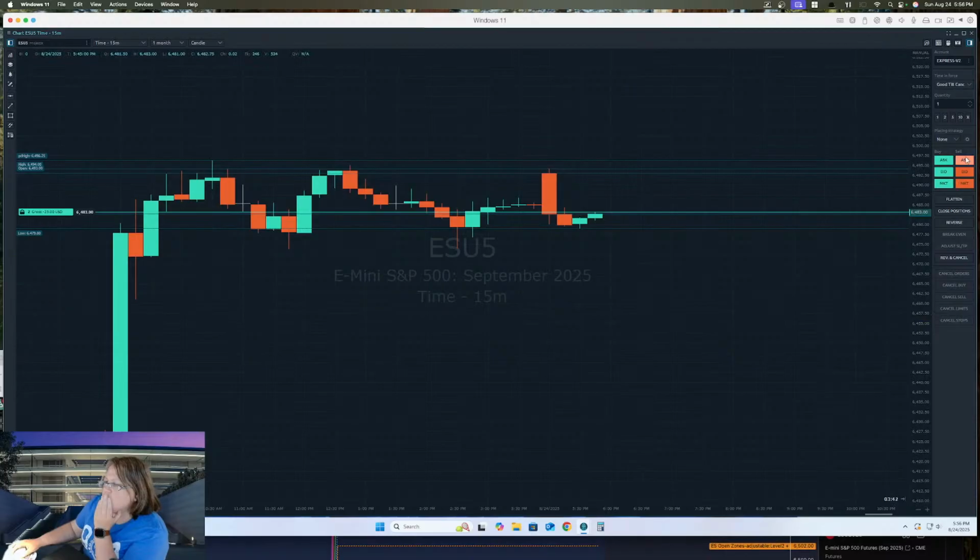I don't really want to flatten, but I definitely want to get out of one. I didn't get into two minis. That's kind of crazy. Okay, good. It got me out of one. My goodness. I don't know how that happened.